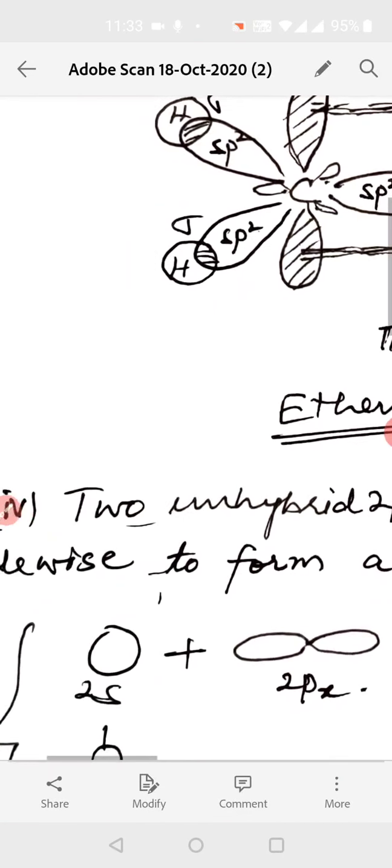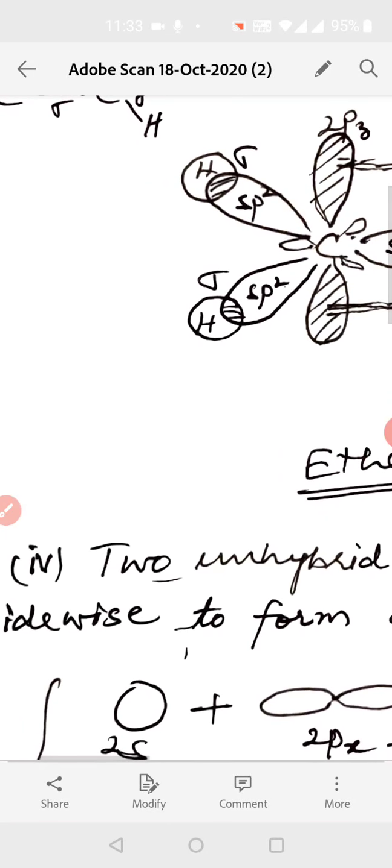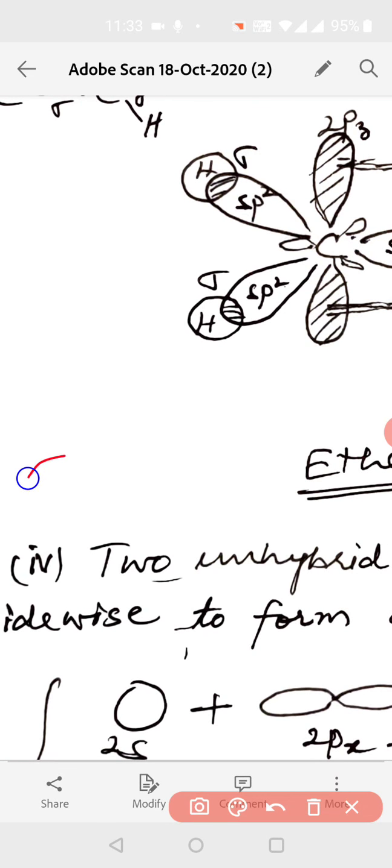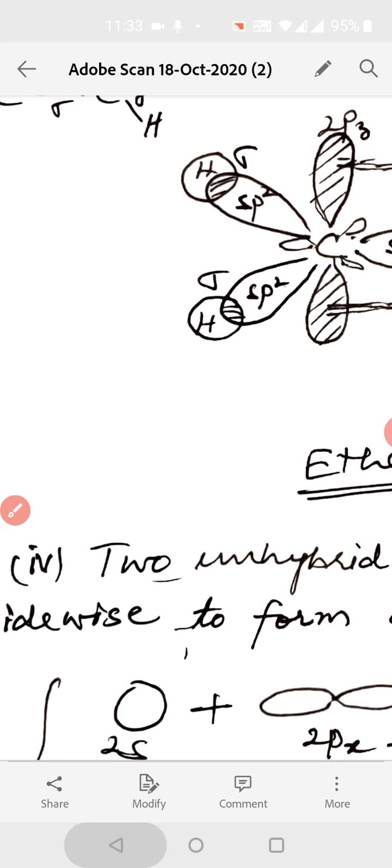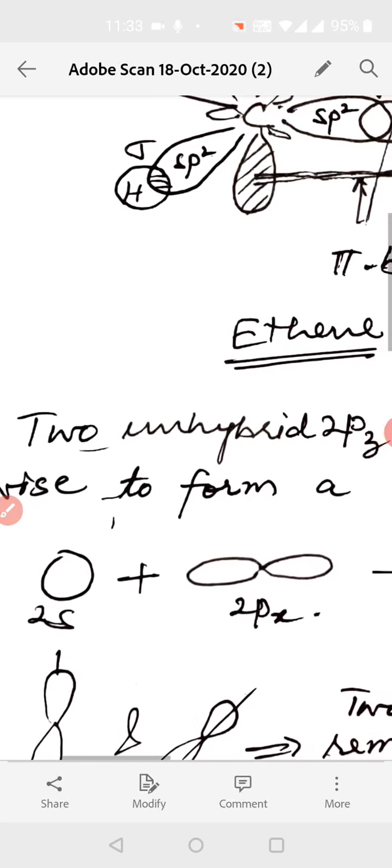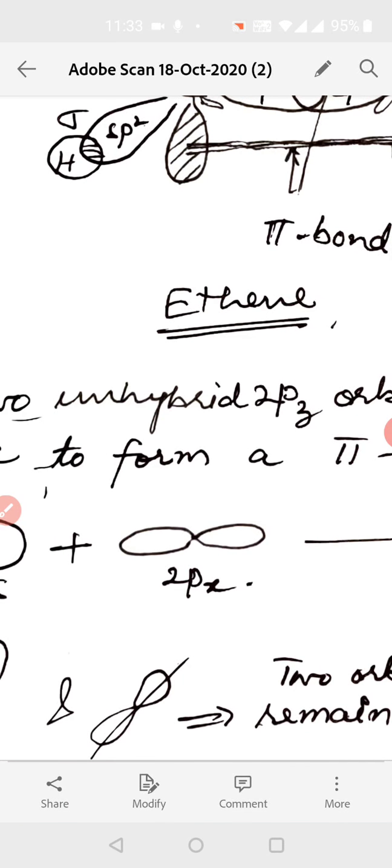Then coming to sp hybridization. In this case there are 2 unhybridized p orbitals.